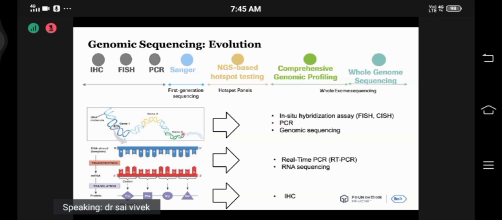But if you're looking at the level of DNA, here we have FISH, the ISH methods, PCR, and genomic sequencing. So this is a very beautiful slide telling us what diagnostic test acts at what level, hence leading to valuable information. So we started off here.